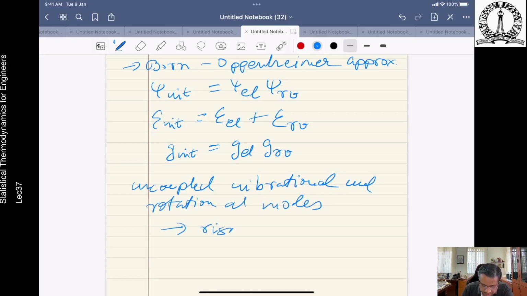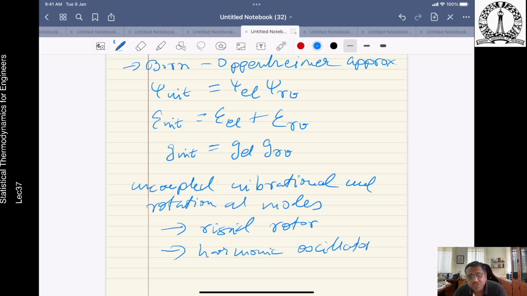One is the rigid rotor, and the other one is the harmonic oscillator. These were the two approximations that we used to separate.